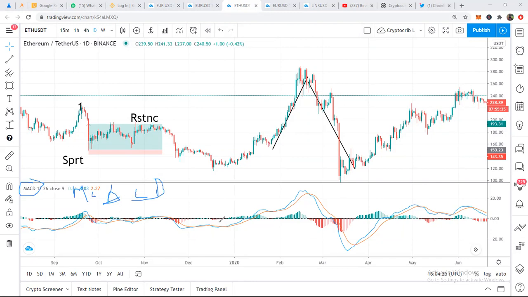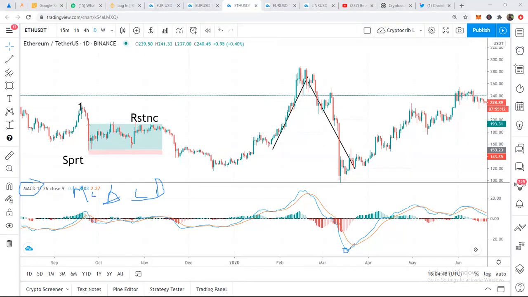So what are we looking out for? Is it when convergence is going up or divergence is going down? As I explained earlier, let's take convergence as blue.